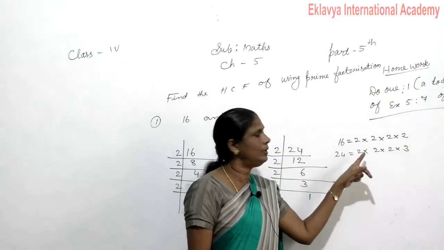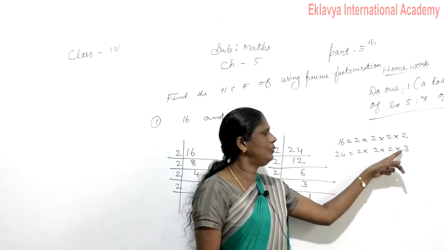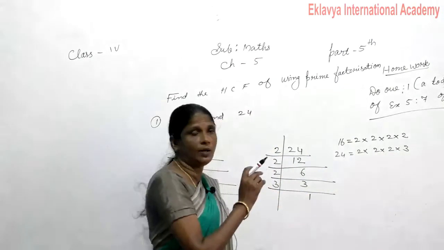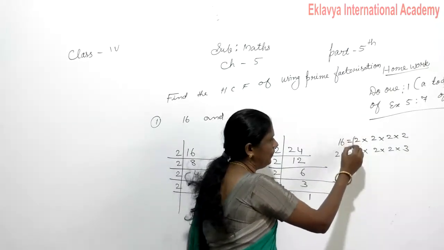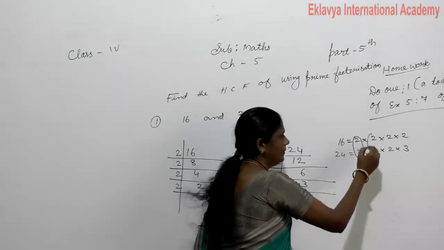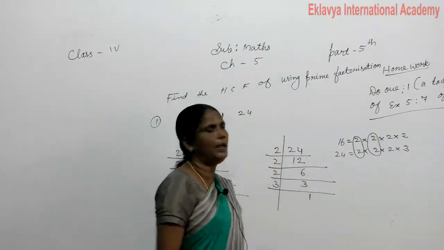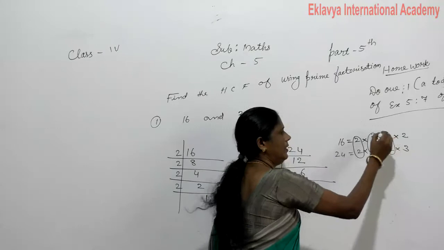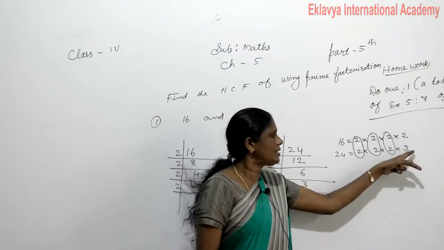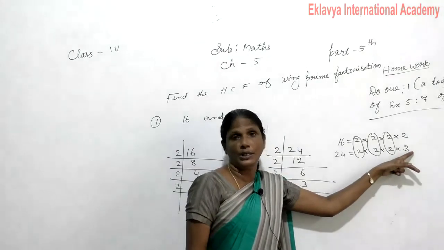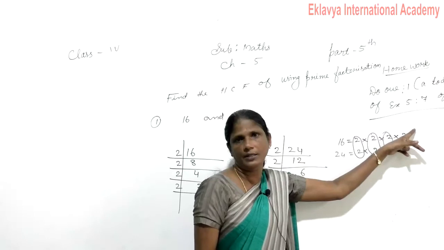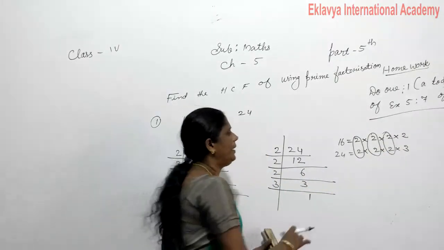Now we circle the common ones, this 2. Okay. Next 2. Then next 2. Here 2, there is no 2 in the other, so you don't take it. Now 3 here, there is no 3 in the other, so you don't take it.